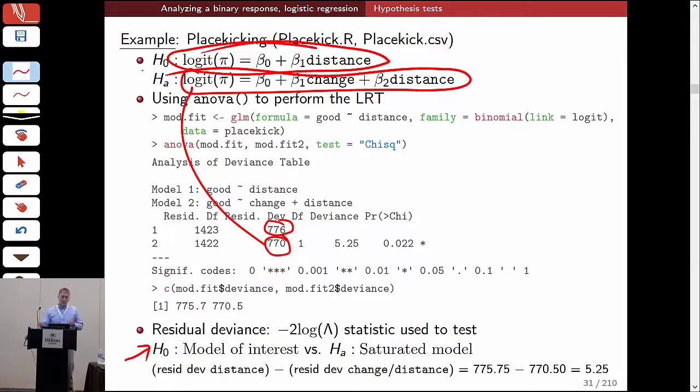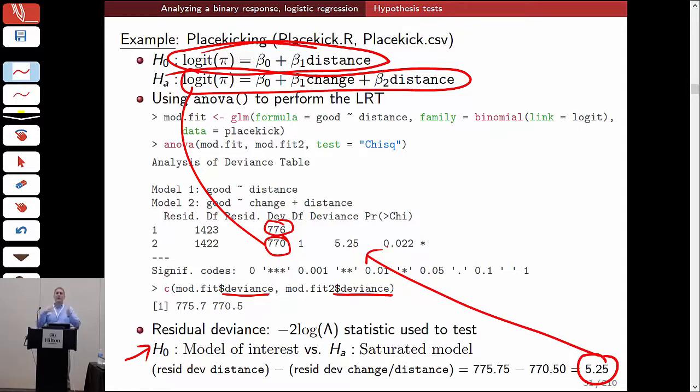And in fact, if you wanted to, you could pull out those residual deviances from where we saved the model fit information. The reason R prints that information out is because if you subtract those two residual deviances, you get the 5.25 that we get for the test that we want.